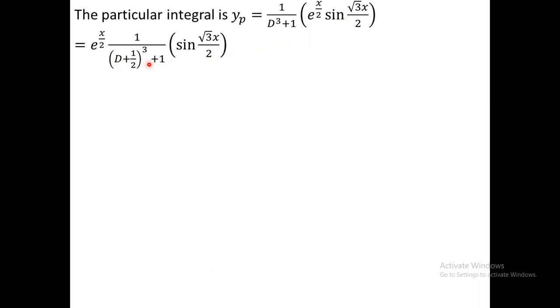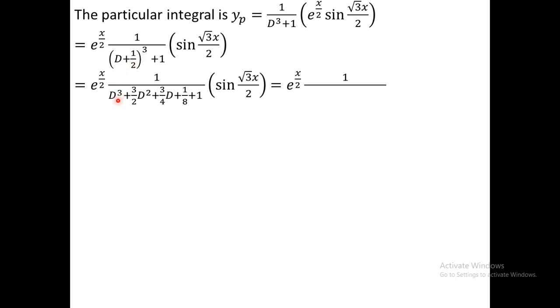If you simplify it, this will be D cube plus 3 by 2 D square plus 3 by 4 D plus 1 by 8, because (a plus b) cube is a cube plus 3 a square b, a means D, b means half, therefore 3 by 2 D square, plus 3 a b square, 3 a means 3D, b square means 1 by 4, therefore 3 by 4 D, and half cube means 1 by 8, plus 1. Here in place of 1 by 8 plus 1, I write down 9 by 8. Okay, this is the result.